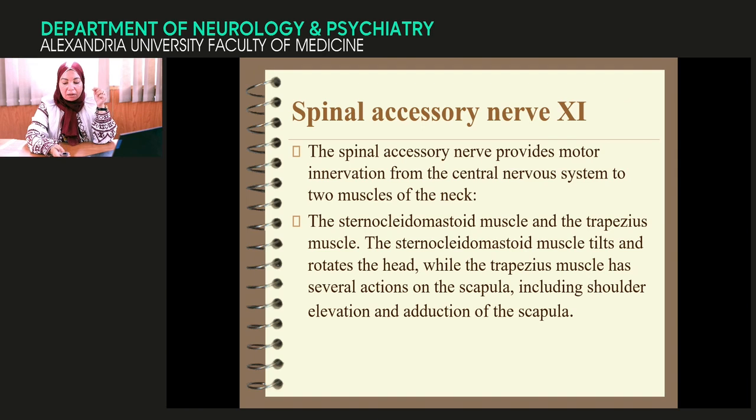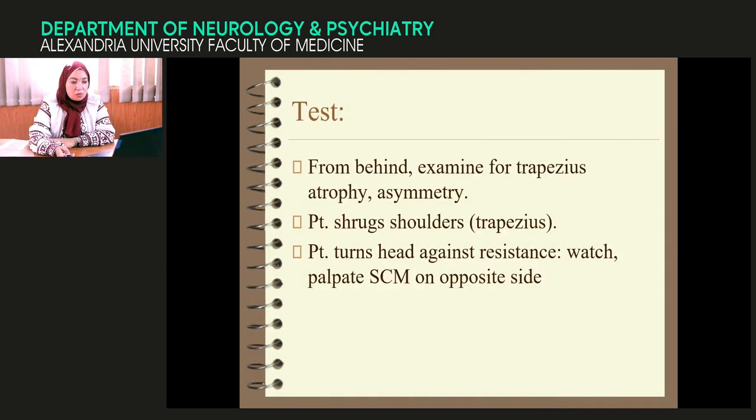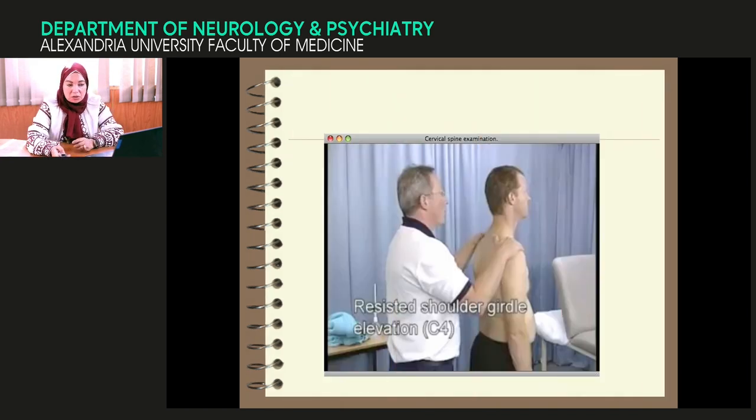Regarding trapezius, shrugging the shoulder: I make the patient in front of me and the examiner stands behind the patient, inspects if there is any trapezius abnormality, and asks the patient to shrug the shoulder against resistance, as in this picture.